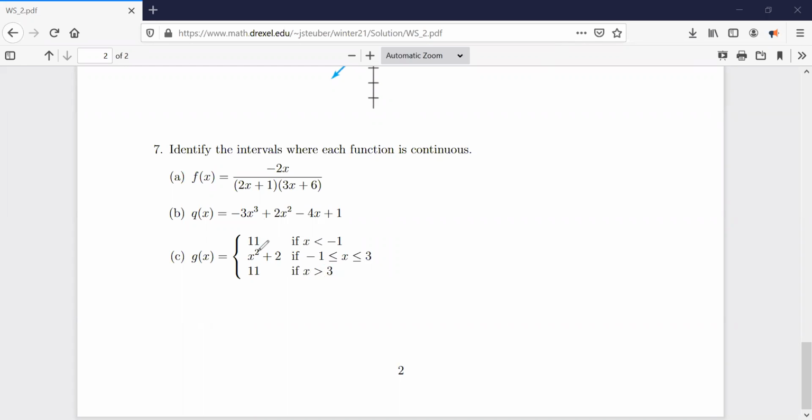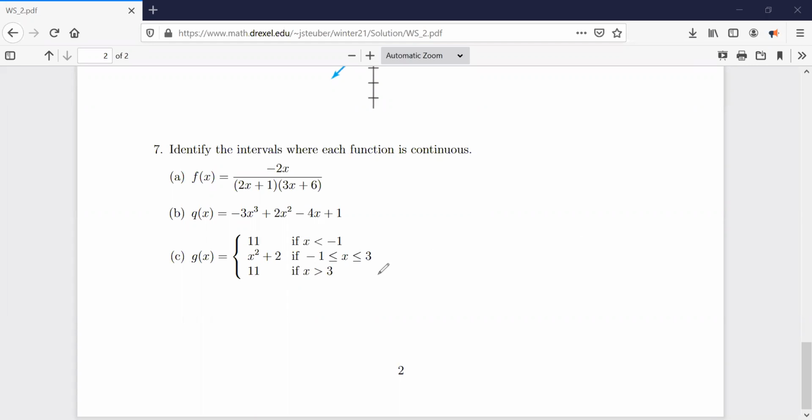g of x equal to 11 is defined everywhere, so it's going to be defined on the subinterval. x squared plus 2, just like part B, is a polynomial, so that'll be defined everywhere, and that includes on this interval. And 11, again, is defined everywhere, including on this interval.